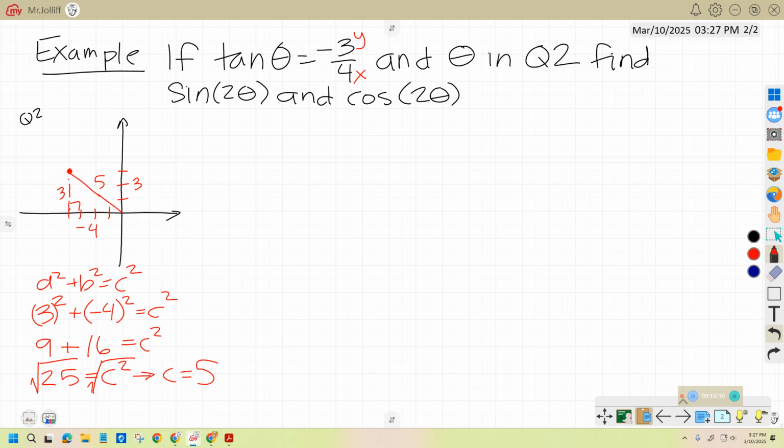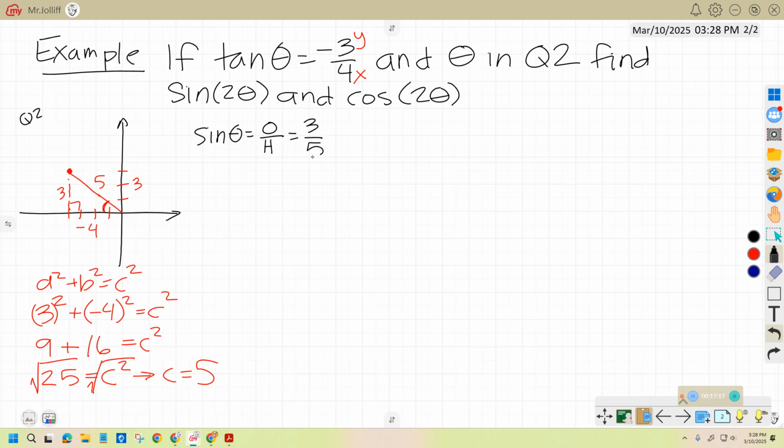When I draw my angle for a triangle in the coordinate plane, it's always with respect to the x-axis. So this is the angle of reference, angle of interest. And now I want to build my sine and cosine fractions. So now we go to SOHCAHTOA. Sine theta is opposite over hypotenuse. In that triangle, opposite side is 3.